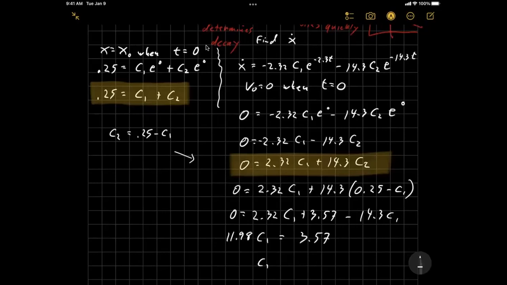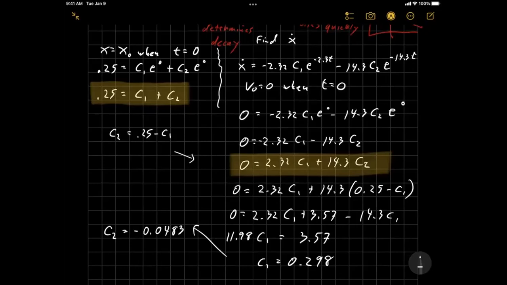And so C1 ends up being 0.298. Then you just sub that back over. C2 is a quarter minus that. So C2 ends up being negative, notice, negative 0.0483.